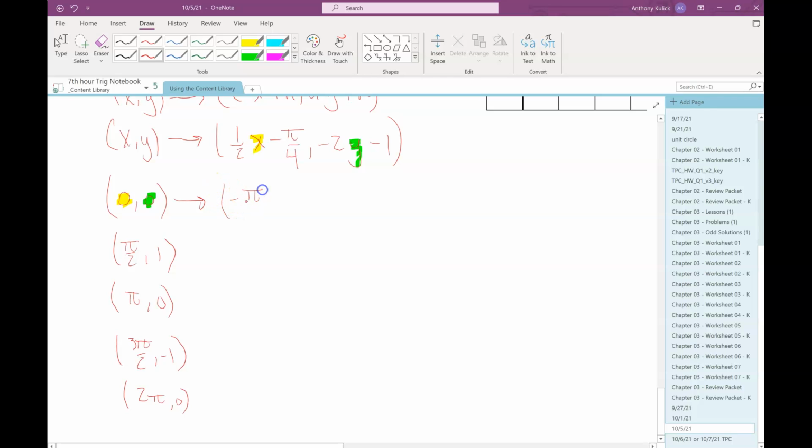That's going to be negative pi over 4, and then negative 1. Is everybody okay with what I did there? So I'm just going to write down the answers. Are we all okay with that? Okay.